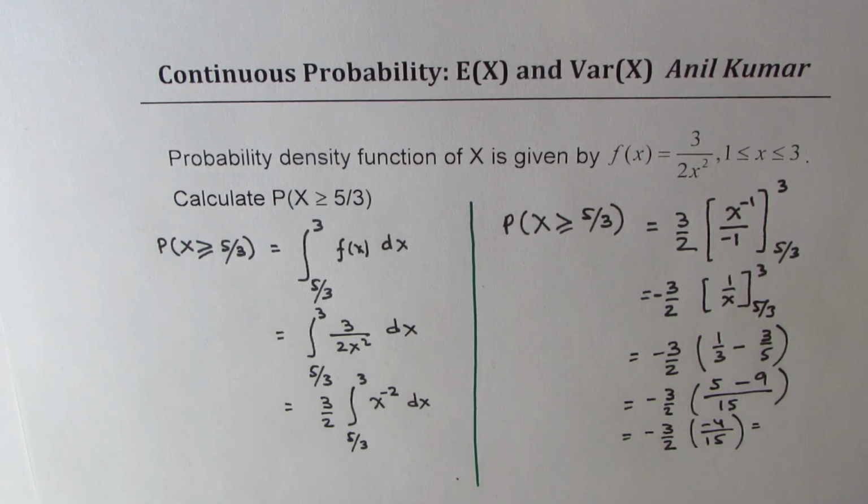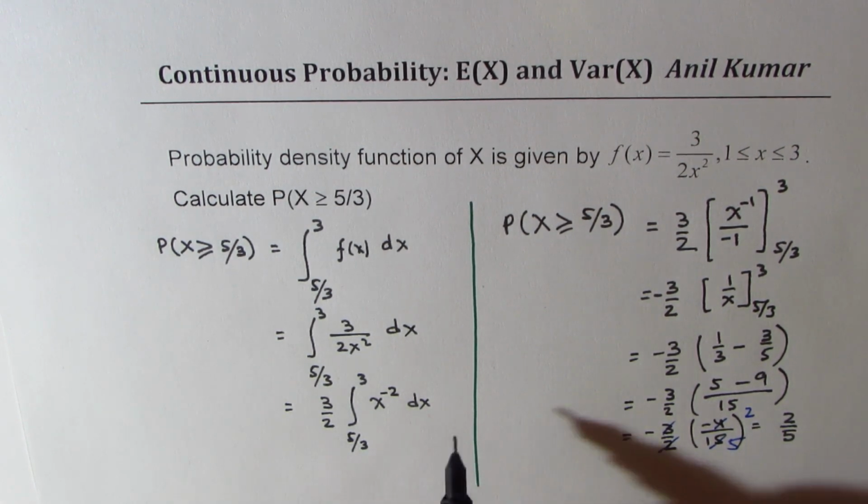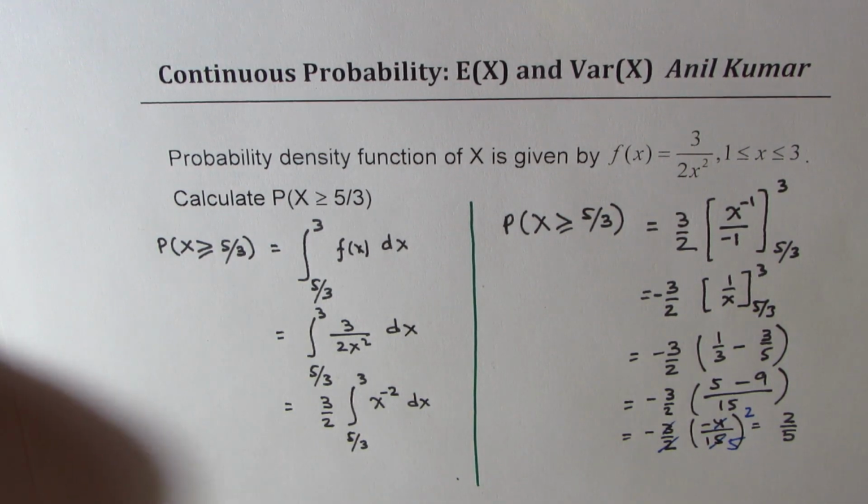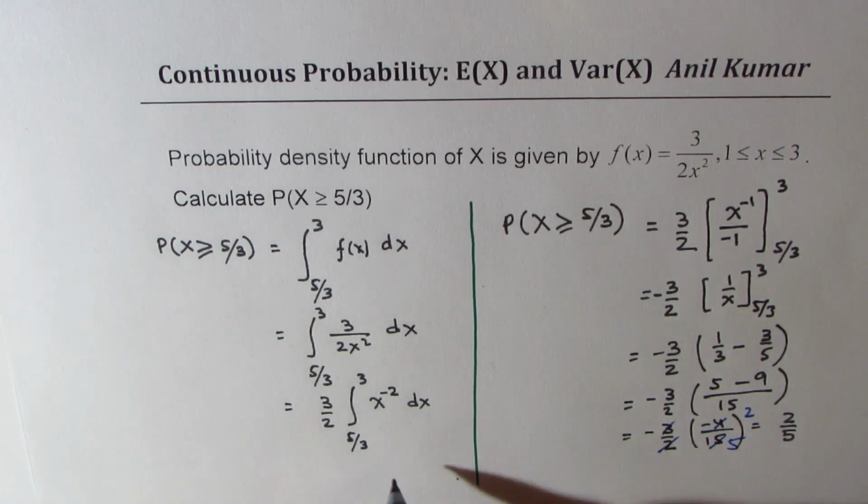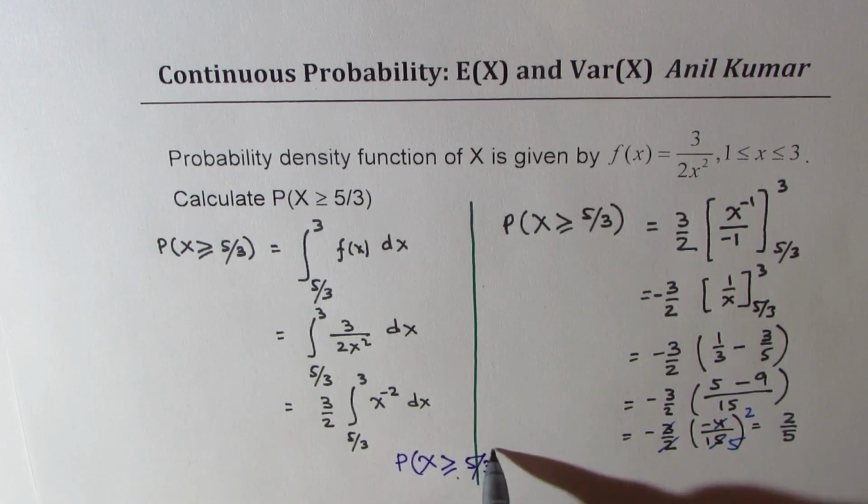You can cancel 4 with 2, 3 with 5. So we get our answer as 2 over 5. So therefore, the probability for random variable x to be greater than 5 over 3 is 2 over 5.